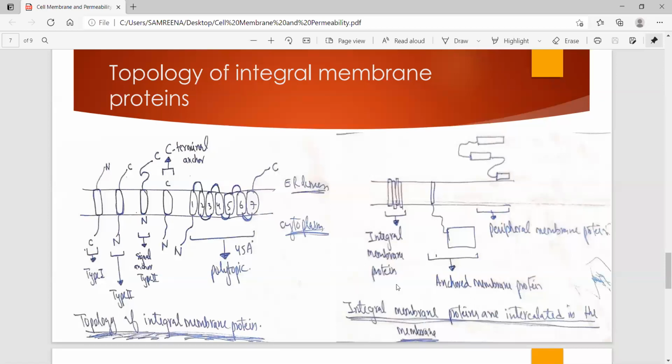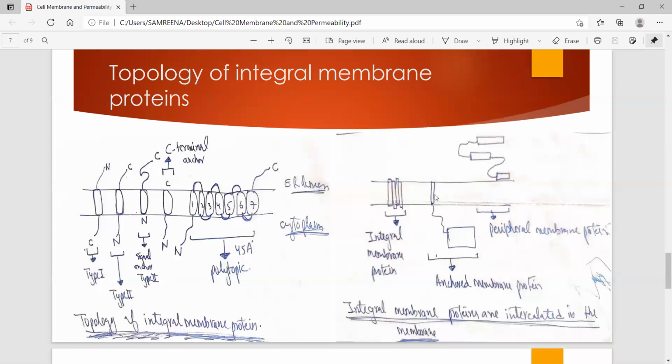Even we are having other integral membrane proteins which don't have C or N terminals, but are still there. They are responsible for transportation.